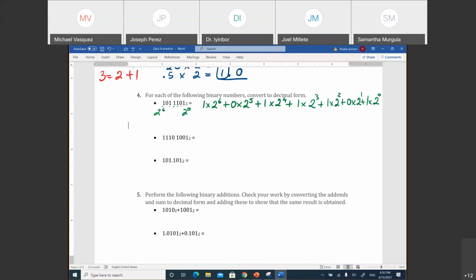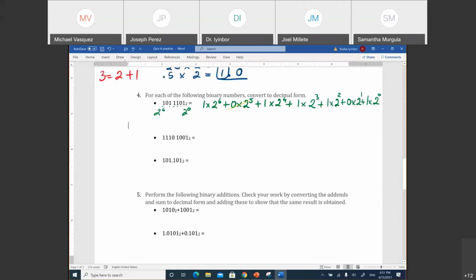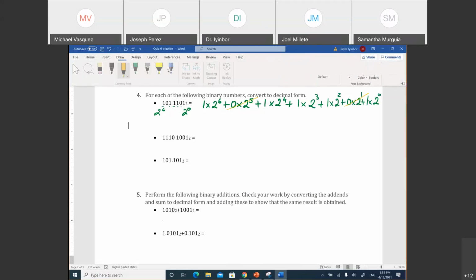So you expand it like this, and then after that, whatever is 0, you cross it out because it doesn't give you a value. So you're going to cross out the zeros, and then you're going to do the exponents of 2 and add them up. So what is 2 to the 6?